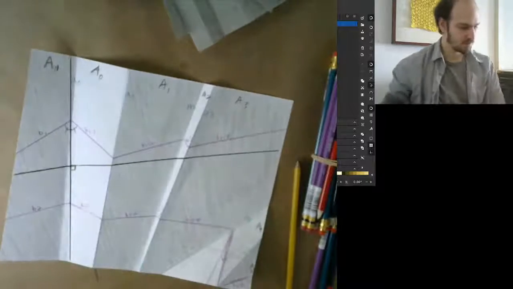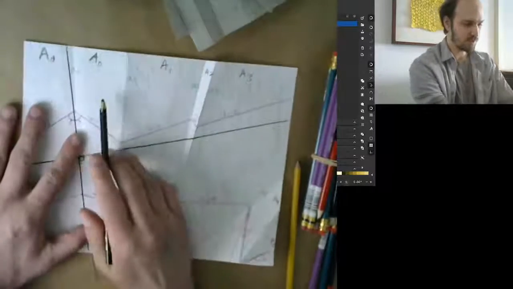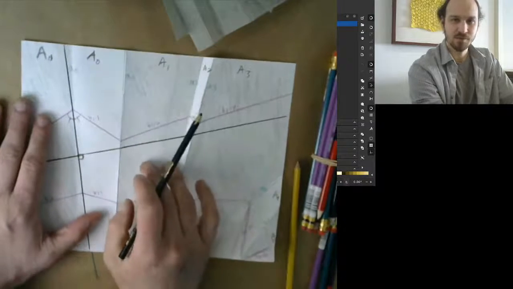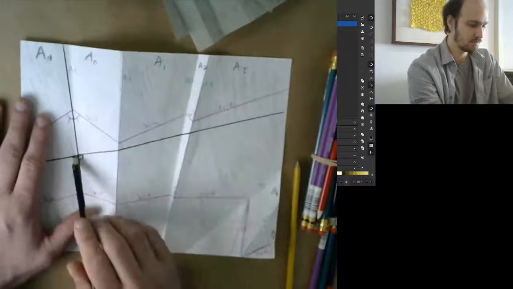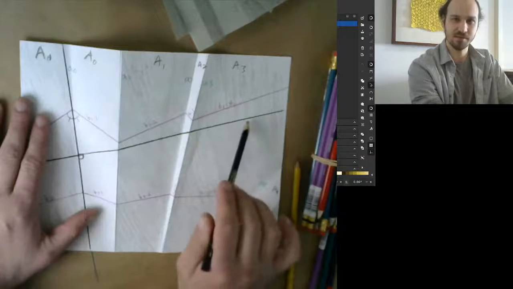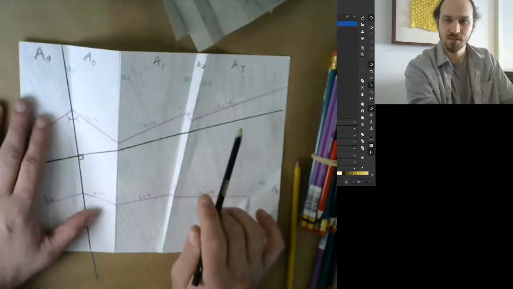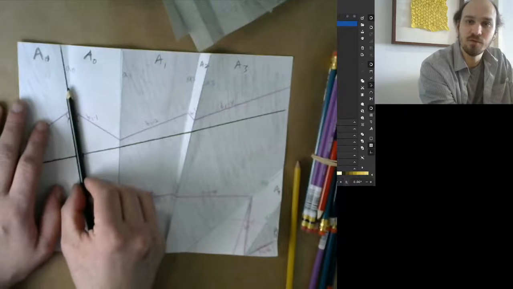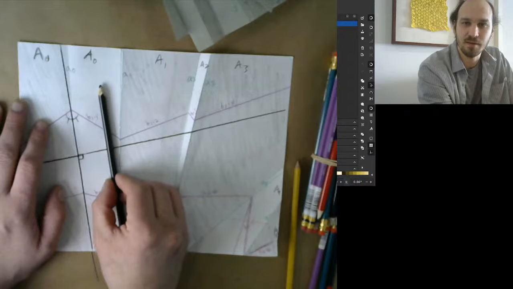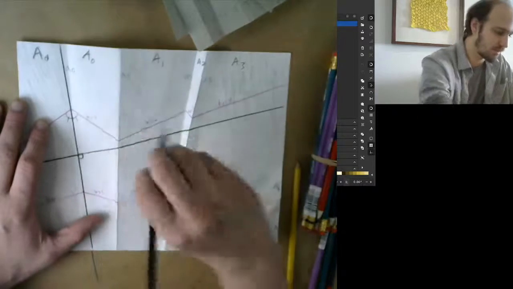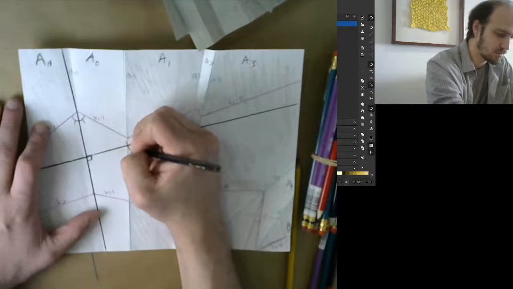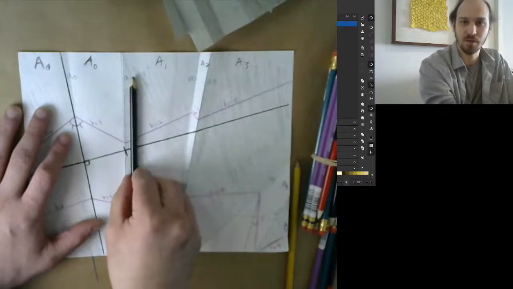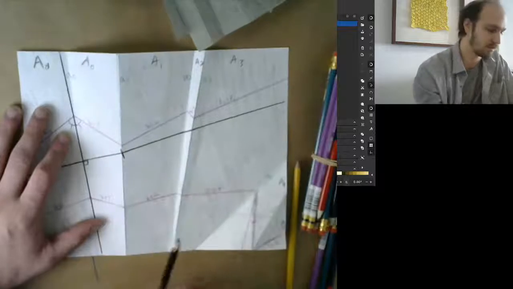So to define the relationship between A0 and A1, it's important to have this construction line. So what happens? We move A1 parallel a certain distance, so out to about here, and then we rotate it about that point a certain amount.